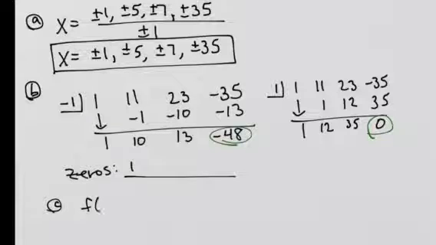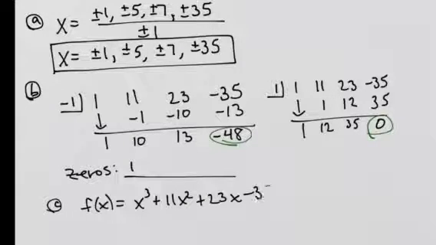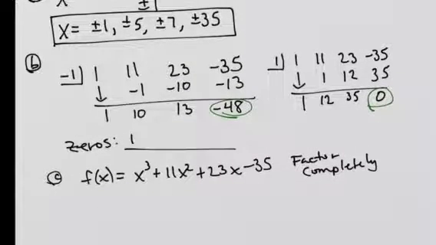If we were looking at this function, f of x equals x cubed plus 11x squared plus 23x minus 35, and we were asked to factor completely into linear factors, then we would take this and we would consider that f of x is equal to, one of our factors is x minus 1, since 1 was a 0, x minus 1 is a factor, and then based on synthetic division where we found our 0, we'll use 1, 12, and 35 to write our polynomial that we need to factor further.